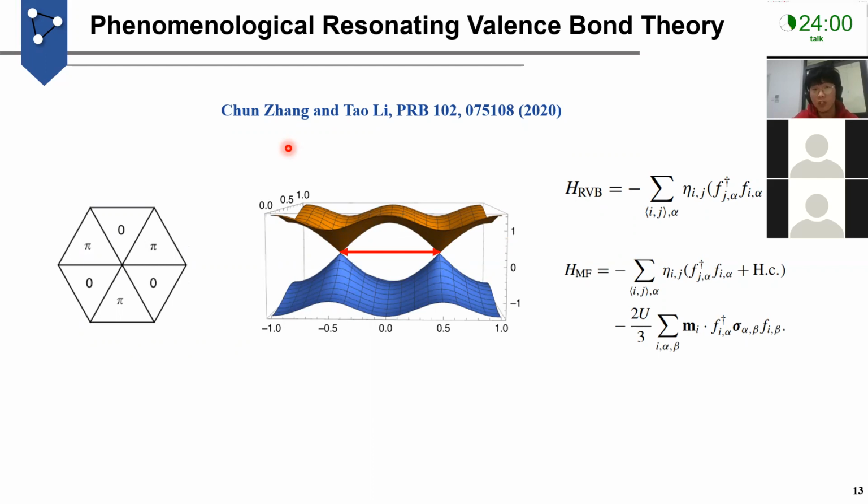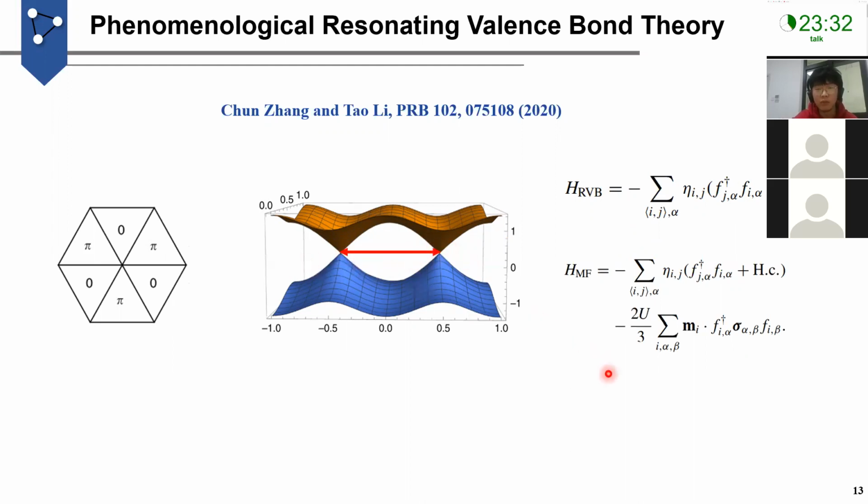A similar picture based on spinons has also been adopted by Professor Tao Li and Chun Zhang. They use the spinon picture, but based on a phenomenological treatment. They also suppose the RVB state with a U1 flux state, so that the spinon dispersion has two Dirac points.